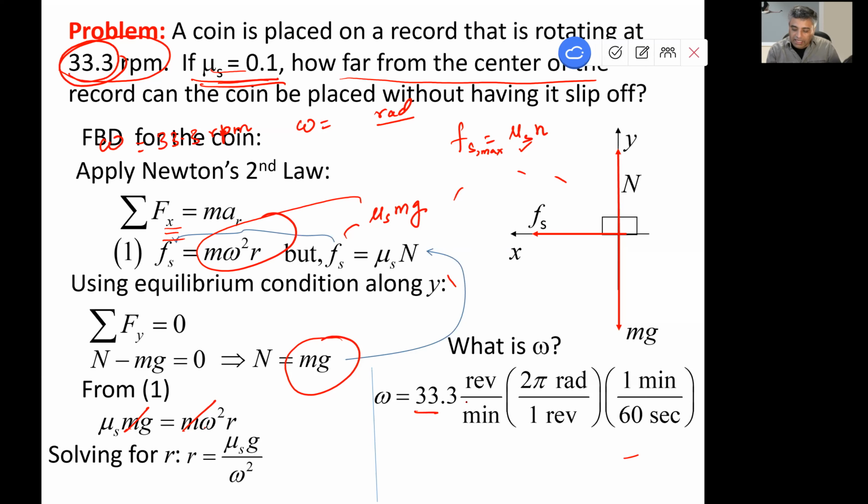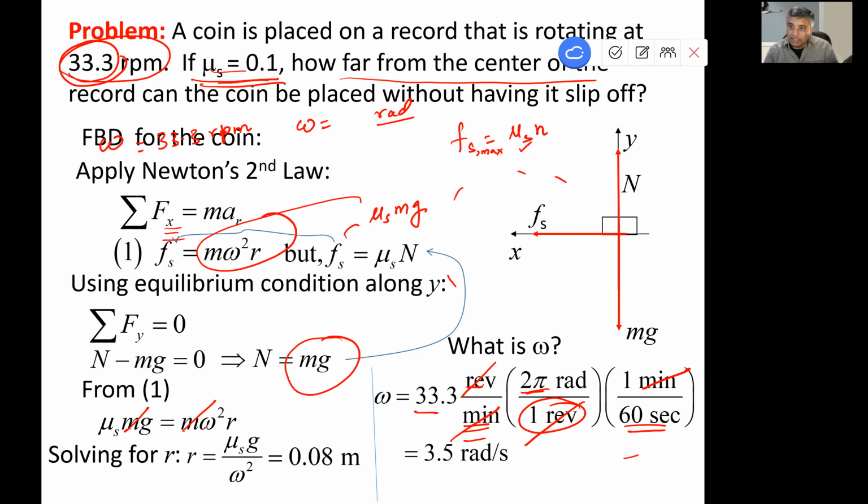I start by writing revolution per minute, and I am now replacing revolution by 2 pi so that I can cancel revolution, and minute by 60 seconds so that minute can be canceled. With this, I can come up with this number here. That's going to be radian per second. And now I have everything I need.